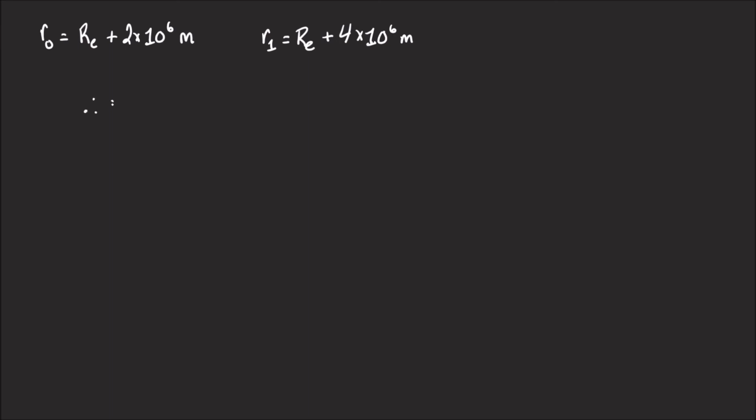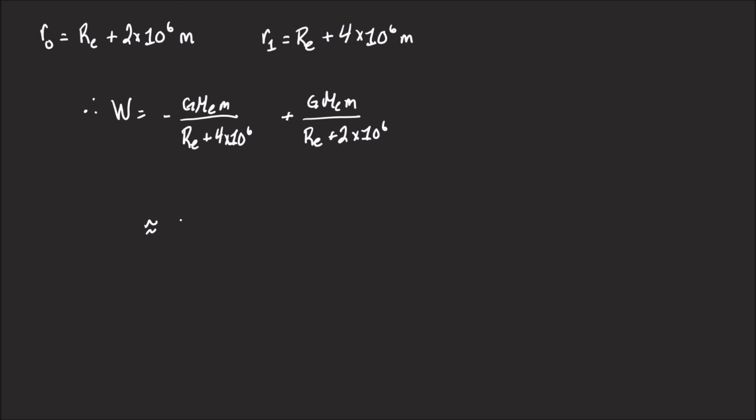Thus, our work is negative GM all over radius of the Earth plus 4 times 10 to the 6th, plus GM all over r sub e plus 2 times 10 to the 6th. If we plug in all of our values, you'll find that this is about 5.48 times 10 to the 9 joules.